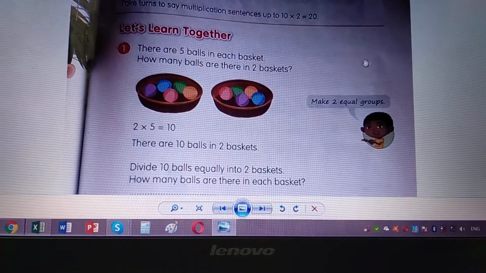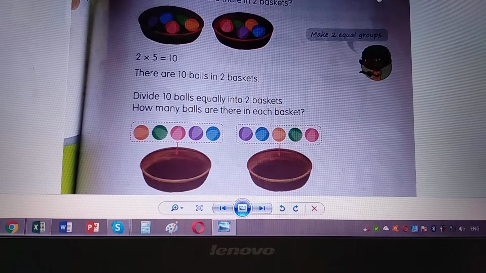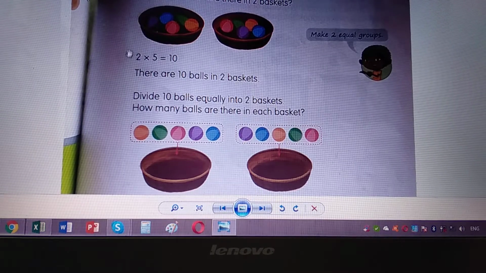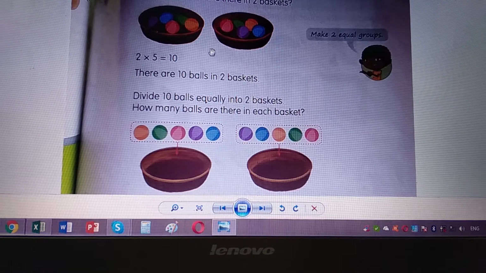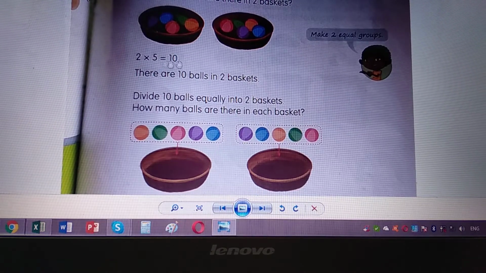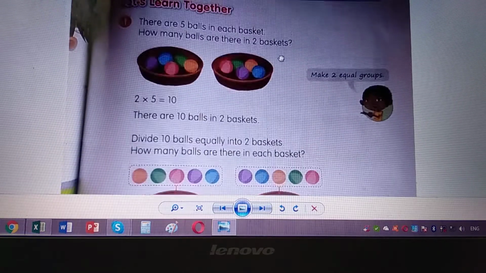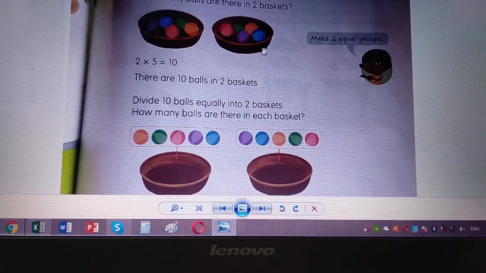You don't have to be confused about it. Now we have 10. In table 2 we have 10, but what times 2 equals 10? It's 5.